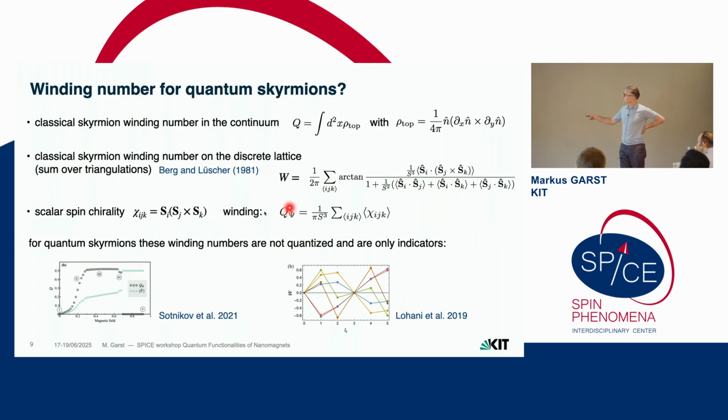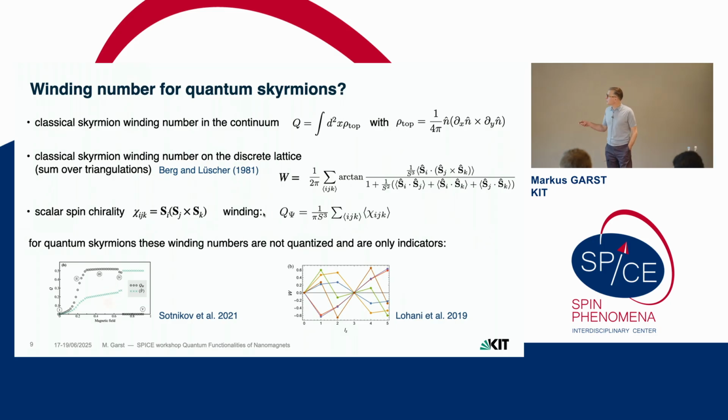This has been done by various groups, either looking at this object or that object. I don't want to go into details of these plots, but essentially, if you do that for quantum skyrmions, if you have these exact ground states of a quantum Hamiltonian with skyrmionic content, then looking at these objects might give you an indication that you have some skyrmionic features in the wave function.